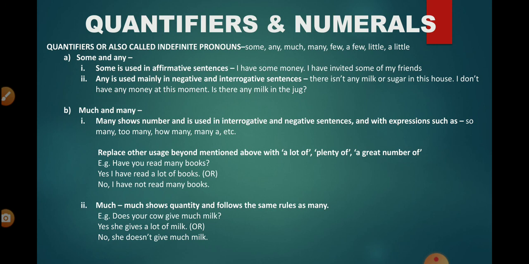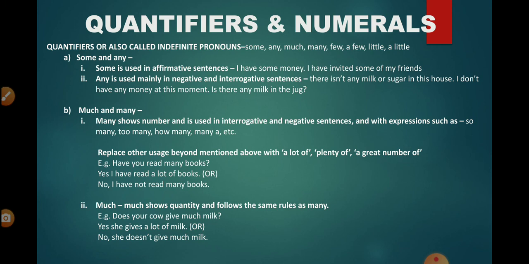Much. Much shows quantity and follows the same rules as many. Many is used with countable things, and much is used with uncountable things, which show some quantity rather than number. For example, does your cow give much milk?